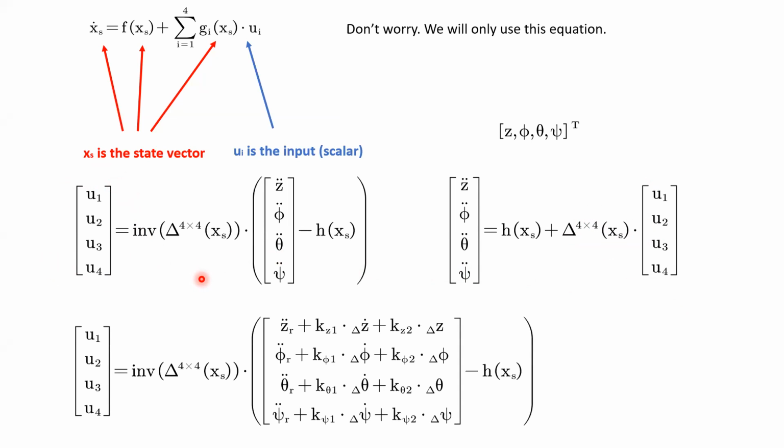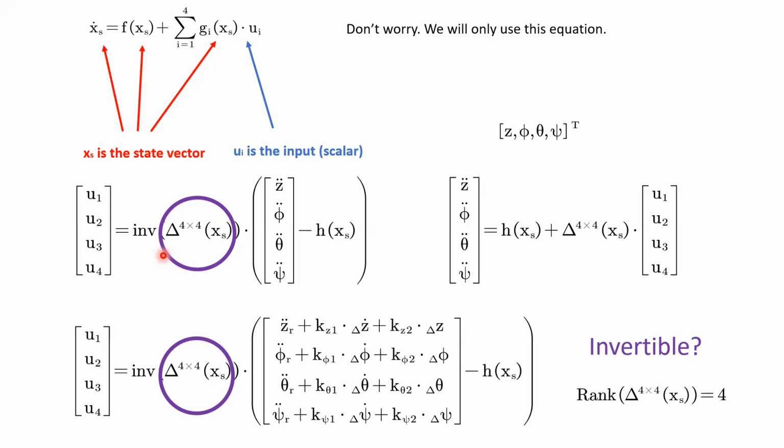It seems that every step is reasonable and solid, but let's ask a question. Since we need to inverse this delta matrix, it must be invertible. So my question is whether it is invertible. Actually, I checked the rank of it and found its rank is 4.